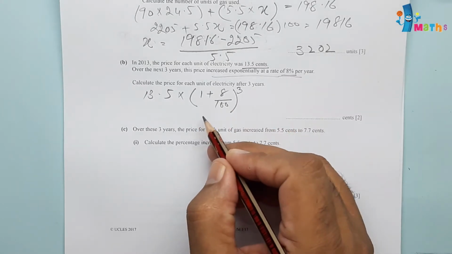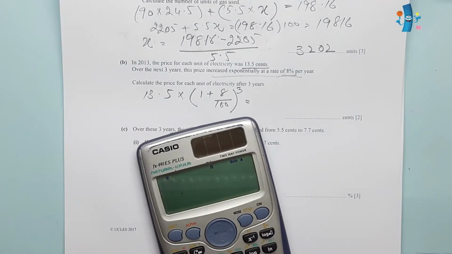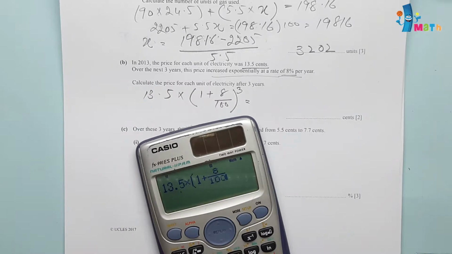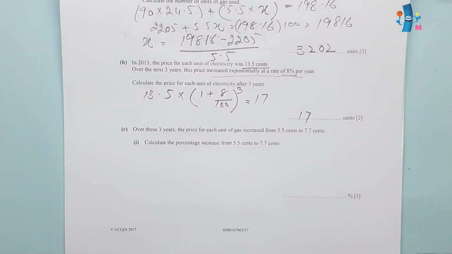So we can calculate 13.5 multiplied by in brackets 1 plus 8 over 100, and close, raised to the power 3, and this will result in 17.00 or 17.